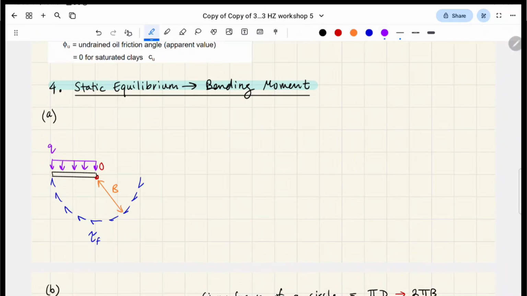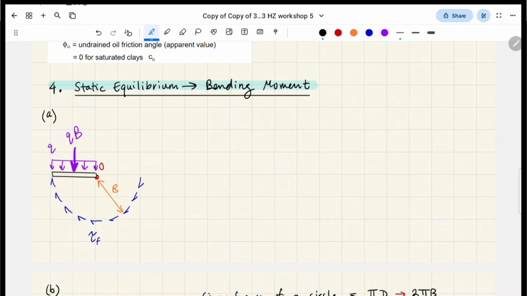So this distributed load Q, which is our capacity, we can turn into an equivalent point load. The way we do that is by multiplying that distributed load by this distance here, which is the same as B. So it's going to be QB. Got it? That's the magnitude of that force.